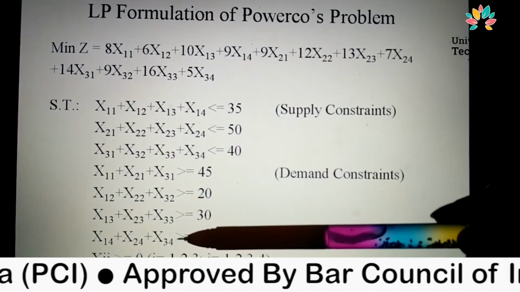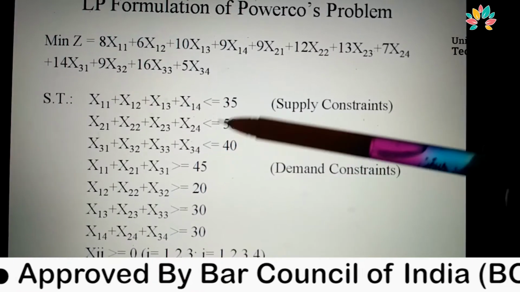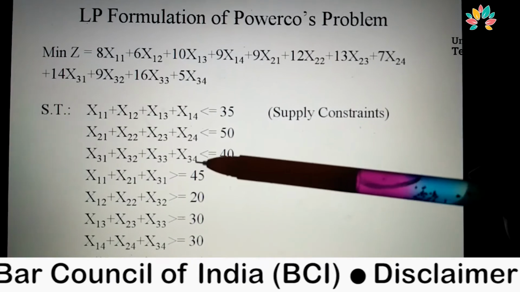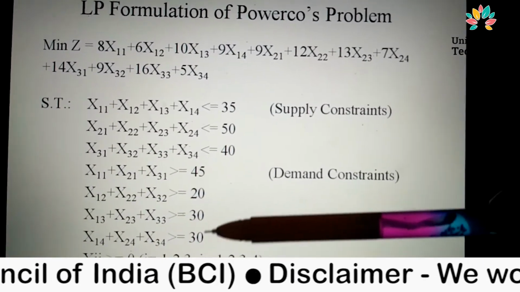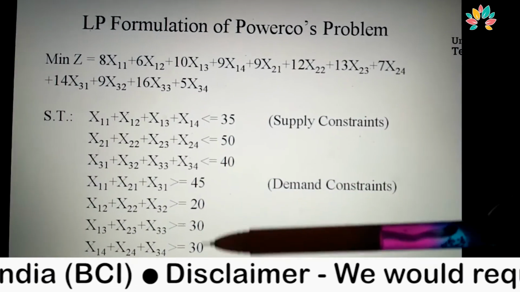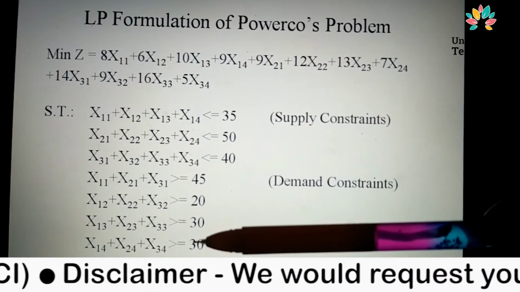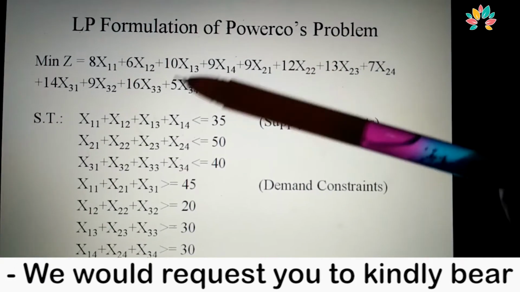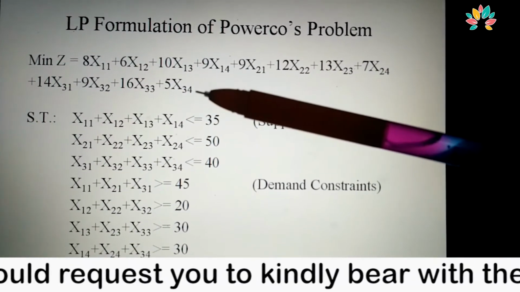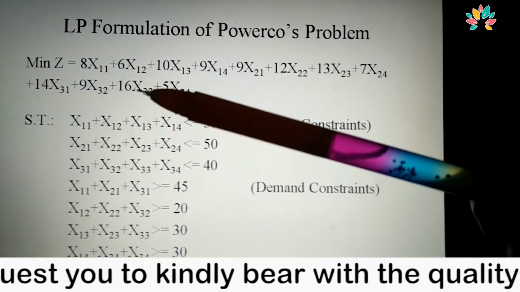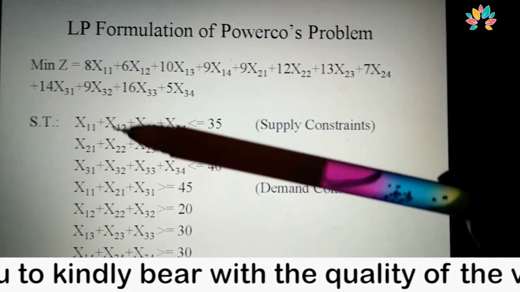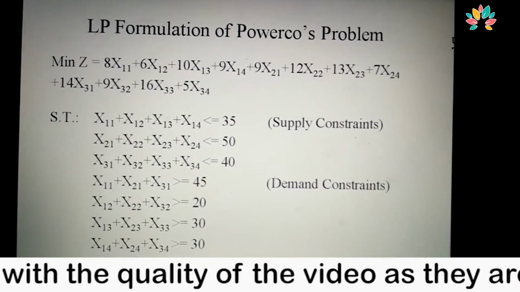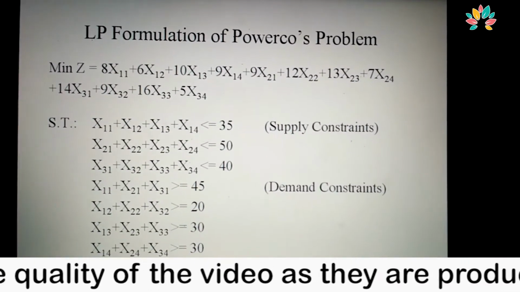These are the constraints: the manufacturers can only supply these numbers of units, and the total demand of the cities is 125, which is written column-wise. And this is the objective function. The contribution of each and every point is written in this way, right? This is the formulation of the transportation problem.